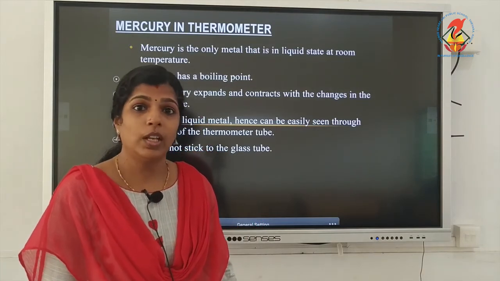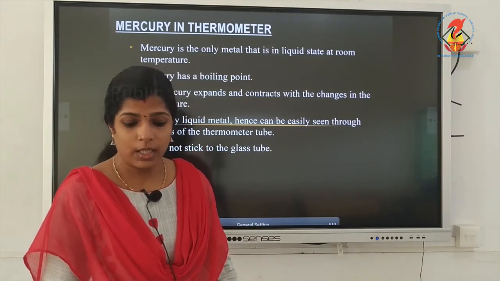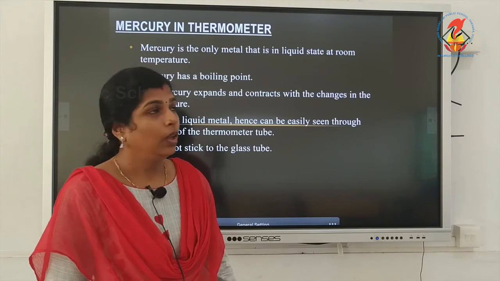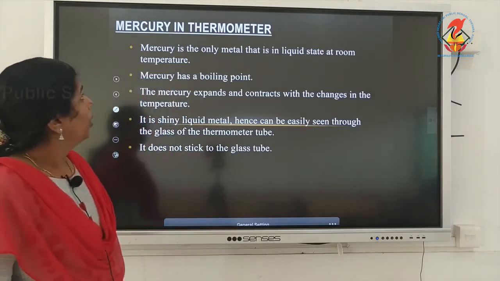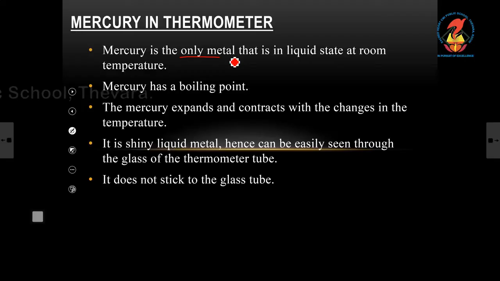Why can't we use any other liquid? That's the next point. Mercury is the only metal in the liquid state. It has a high boiling point.